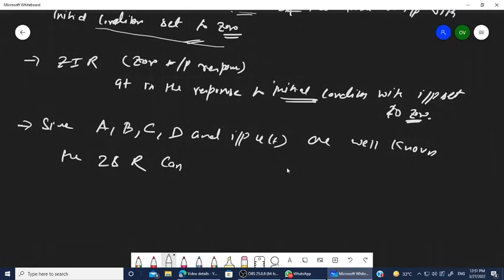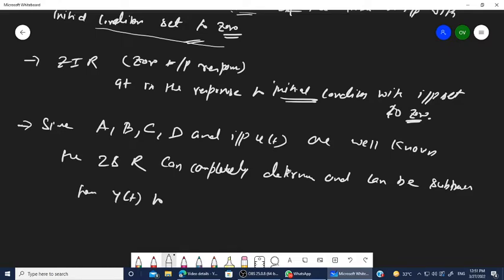So ZSR can be determined, and it can be subtracted from y(t) to get the zero input response. If you subtract this from the equation, then you will get the ZIR.